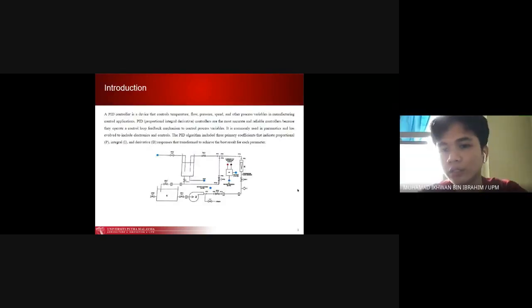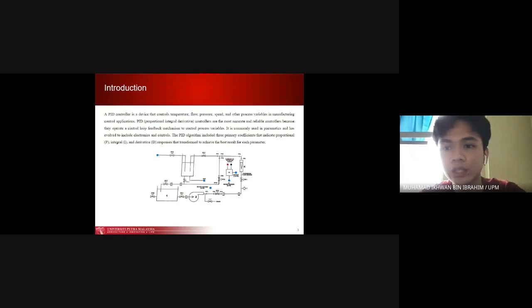So the introduction, the overview of this experiment: a PID controller is a device that controls temperature, flow, pressure, speed, and other process variables in manufacturing control applications. PID controllers are the most accurate and reliable controllers because they operate a control loop feedback mechanism to control process variables.